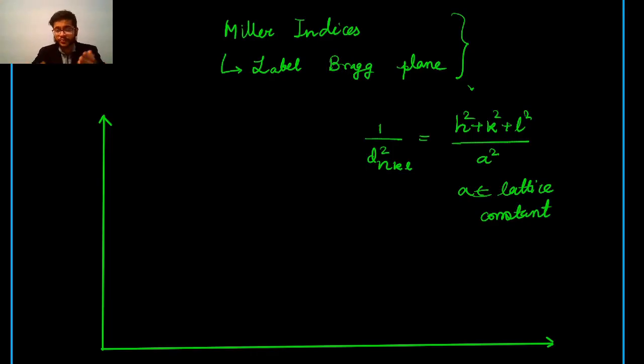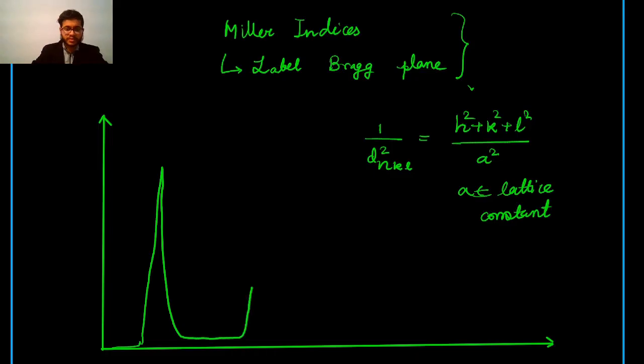In this class, we see that h, k, l are integers. During diffraction, when you take the diffraction data, you will get a peak at a certain angle. The peaks are not as broad as I'm drawing, just a bad drawing.